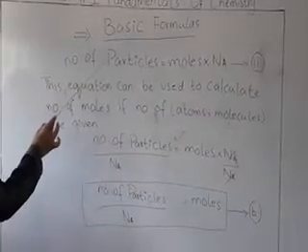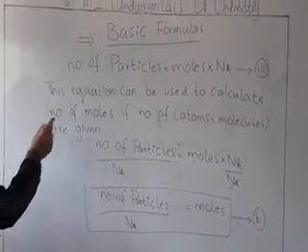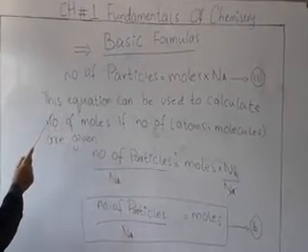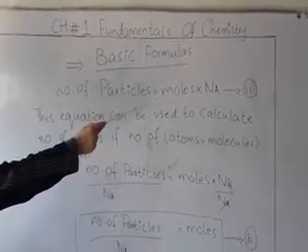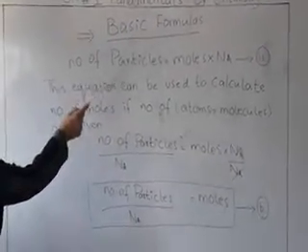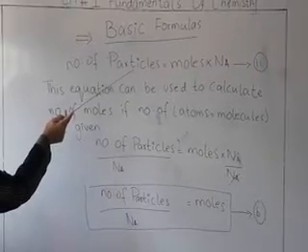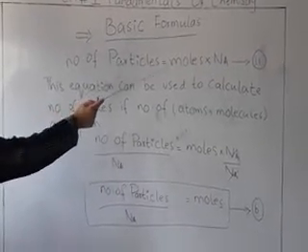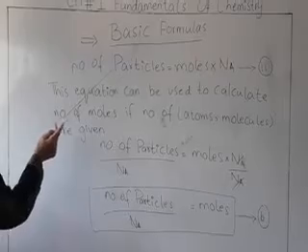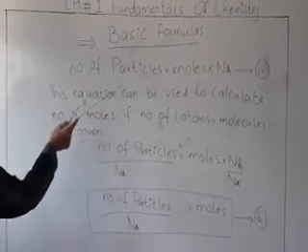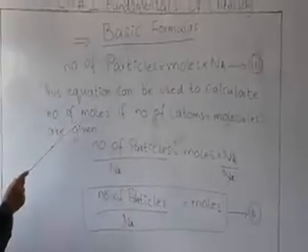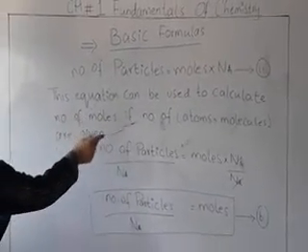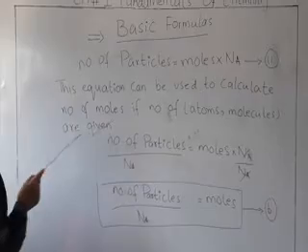Now, we are learning to apply our second equation, that is number of particles is equal to moles multiplied with Na, Avogadro's number. How can we apply this formula to calculate number of moles if the number of particles is given in the question? This equation can be used to calculate number of moles if number of particles, that is atoms or molecules, are given.